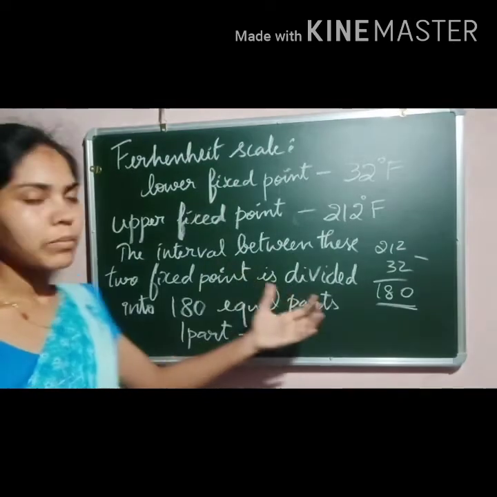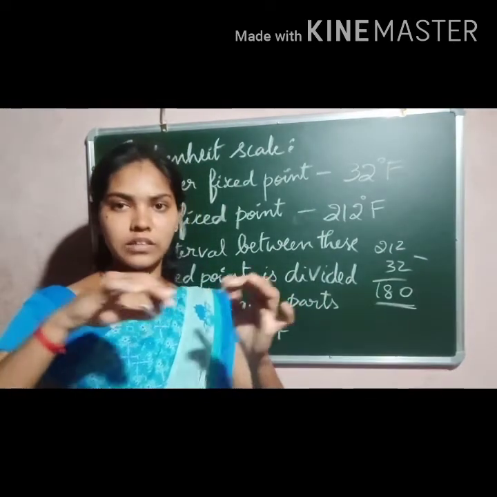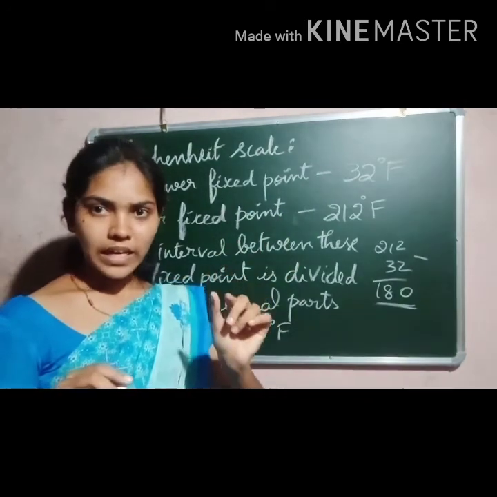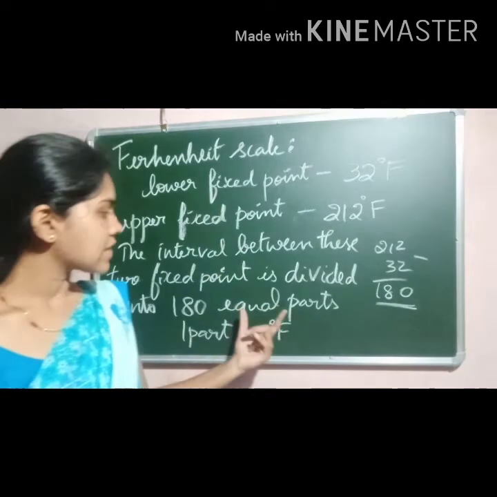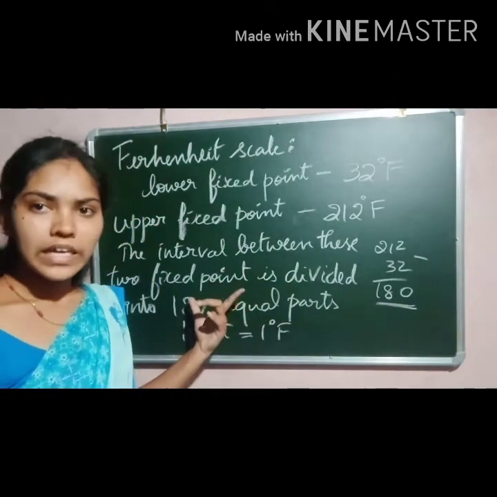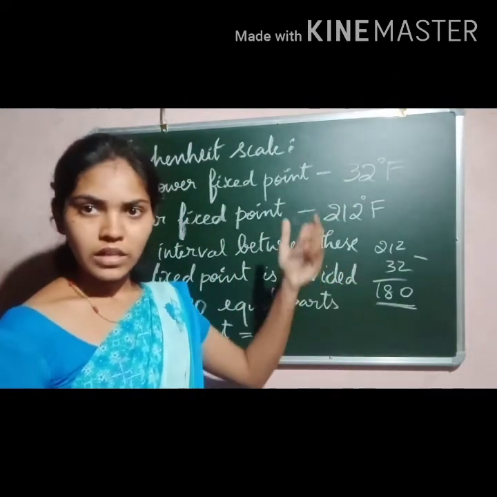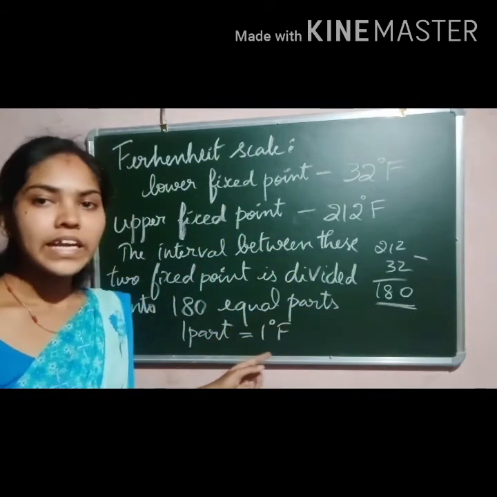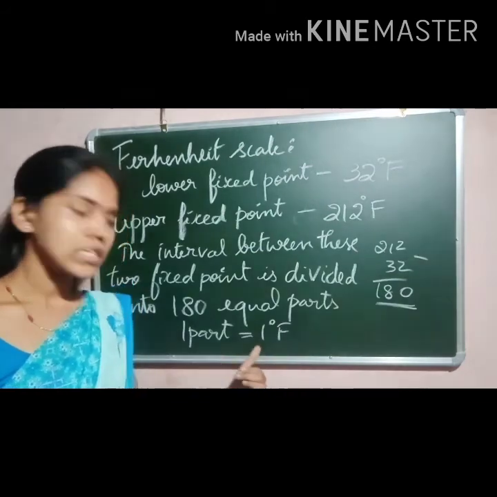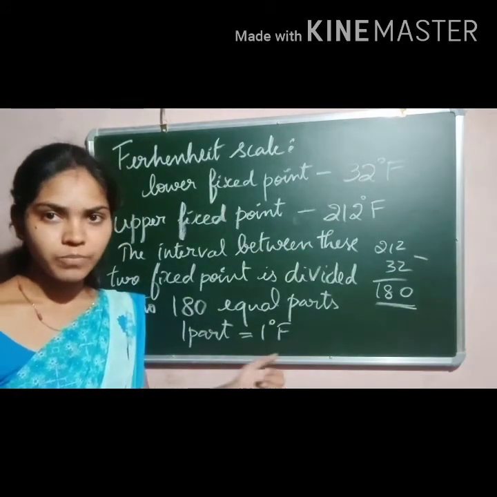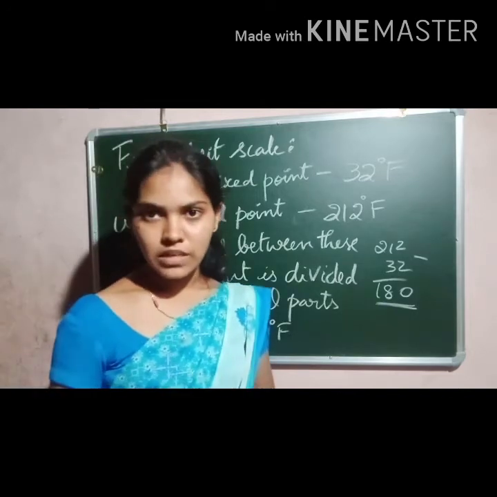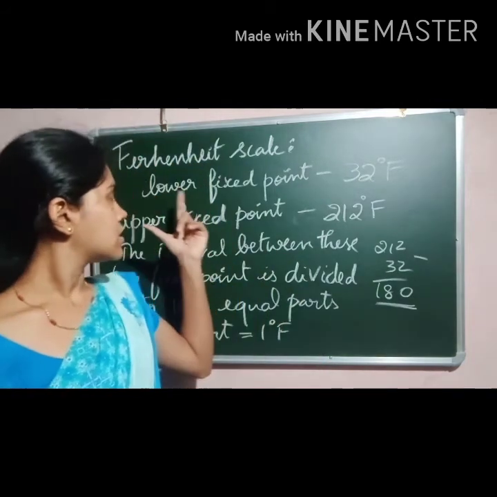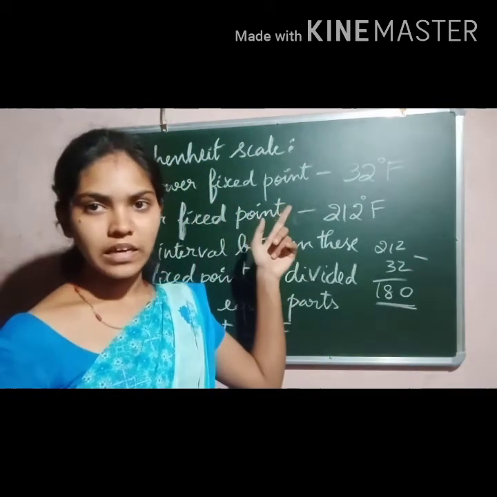So in the meter scale, you can see that between 0 and 1 it is divided into 10 equal parts. Like that, in the Fahrenheit scale also, the interval between these two fixed points is divided into 180 equal parts, and one part is equal to 1 degree Fahrenheit. Okay, now let us discuss what is the relationship between the Celsius scale and the Fahrenheit scale.